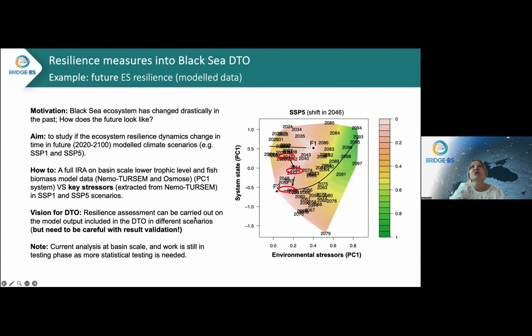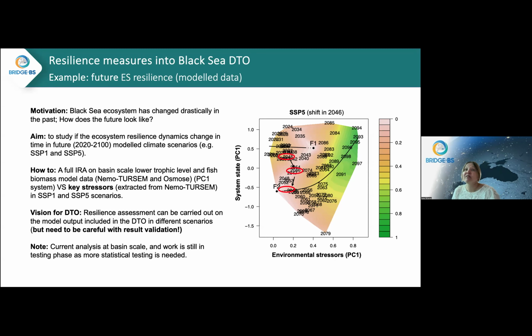What we also do then, and this is even newer, you saw the presentation by Mary-Laure, where the model outputs for the different future climate scenarios were presented. And we know now that the system has changed quite drastically in the past, so we would maybe expect that these kind of changes would also happen in the future, and that's what we want to look into.